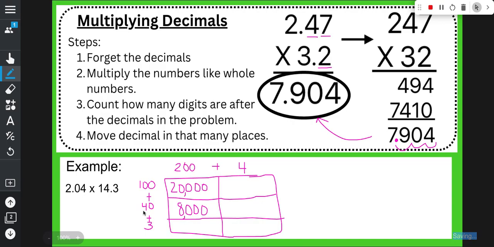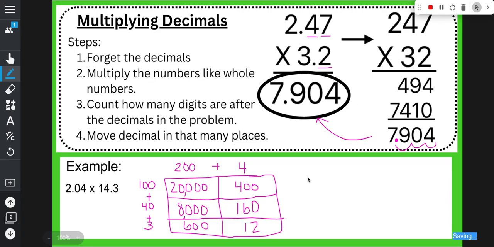The next one is 3 times 2, which is 6. And I get 600. This next box is 4 times 1. And then 2 zeros, so 400. 4 times 4 is 16 with 1 zero. And 3 times 4 is 12.